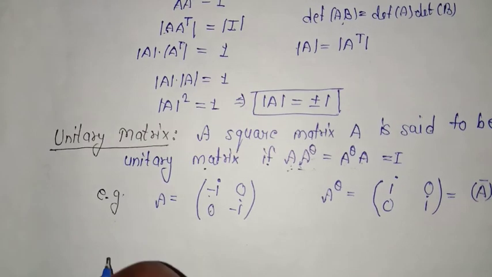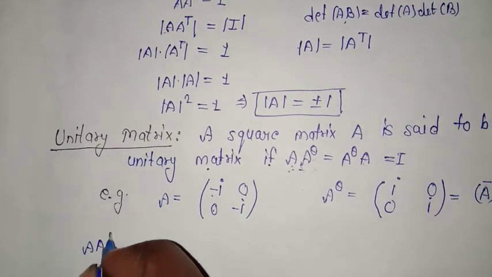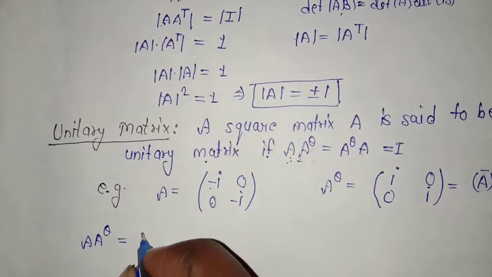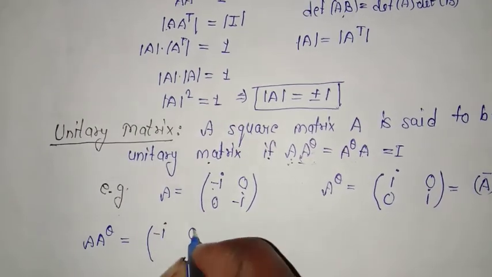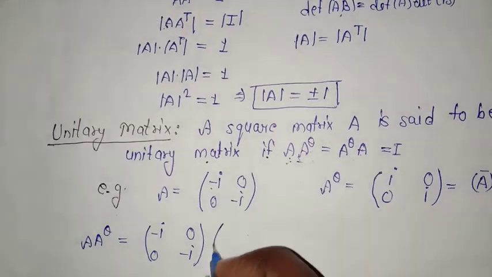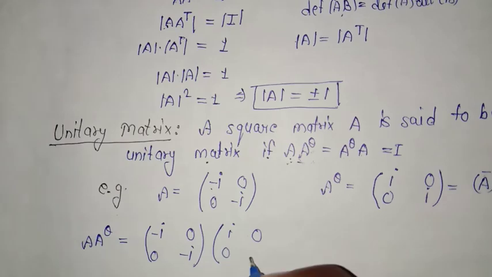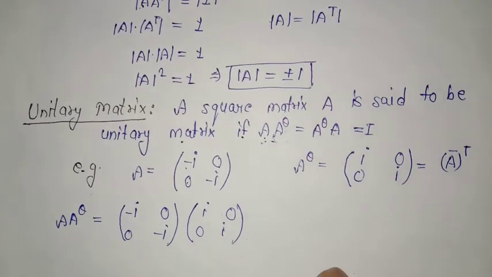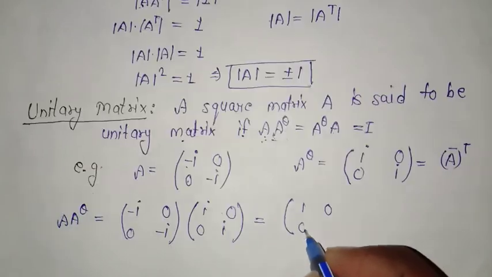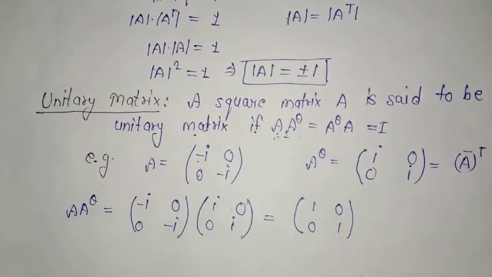So let A be minus iota 0, 0 minus iota, and its conjugate transpose is equal to iota 0, 0 iota. Now by the matrix multiplication we are getting 1 0, 0 1, that is equal to an identity matrix.